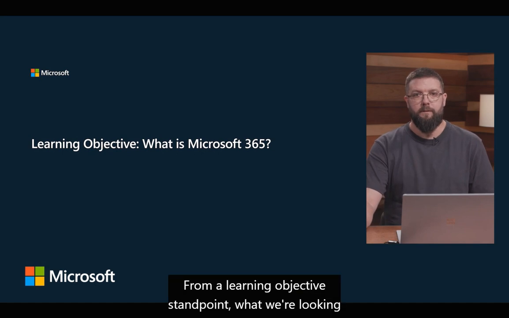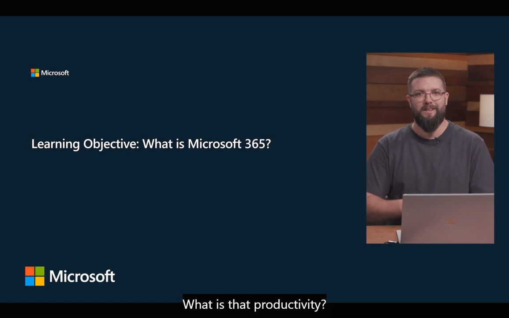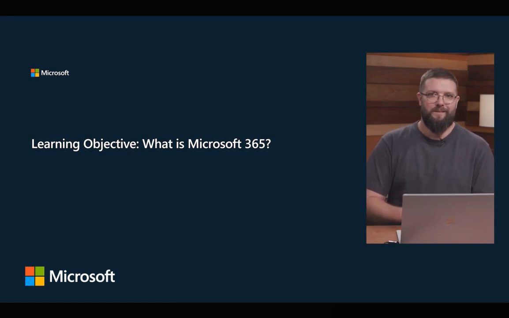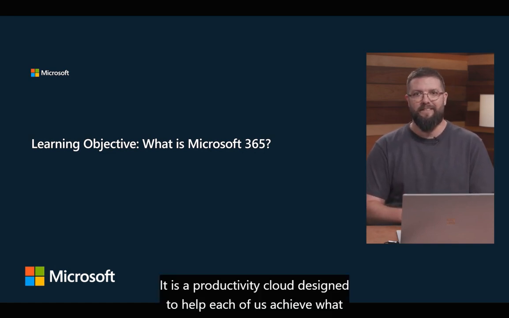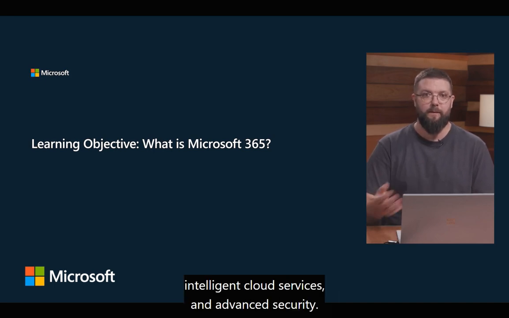From a learning objective standpoint, what we're looking to learn about in this session is Microsoft 365. So what is it essentially? It is a productivity cloud designed to help each of us achieve what matters in work and in our life with best-in-class Office apps, intelligent cloud services, and advanced security.